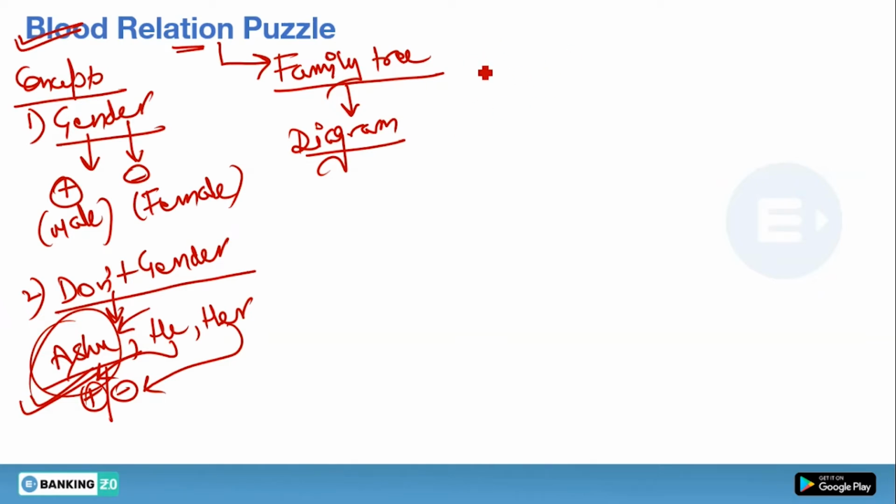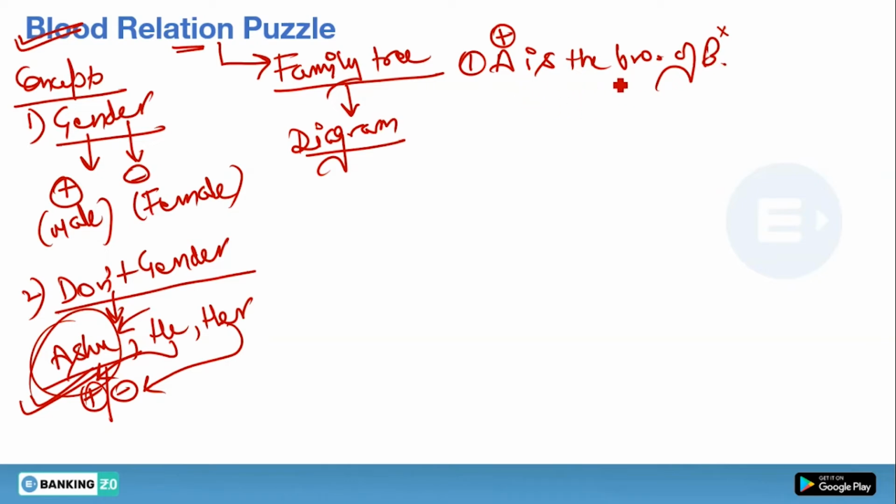Our first point: suppose a statement is written, A is the brother of B. In this statement, whose gender is specified? The gender of A is specified only and we don't know the gender of B, so we will not assume.